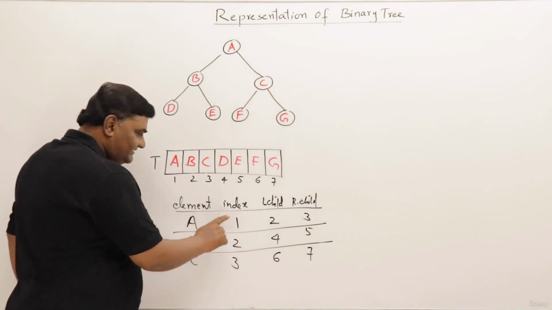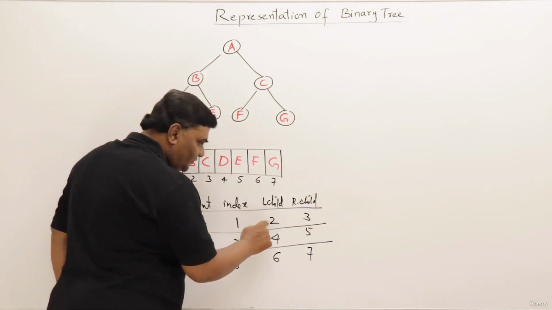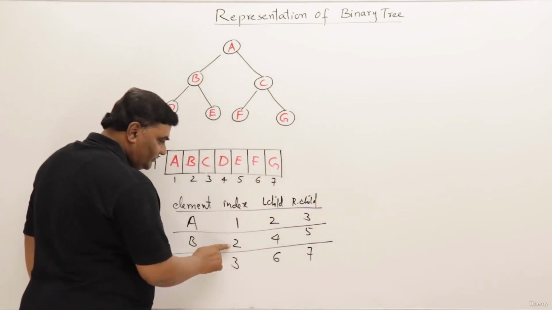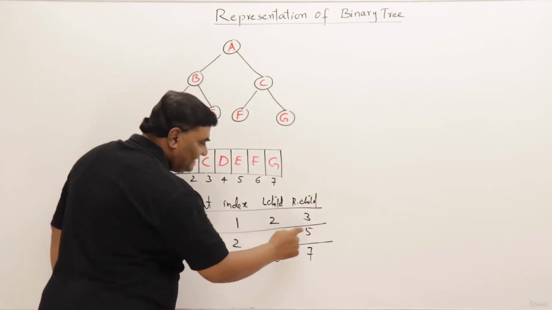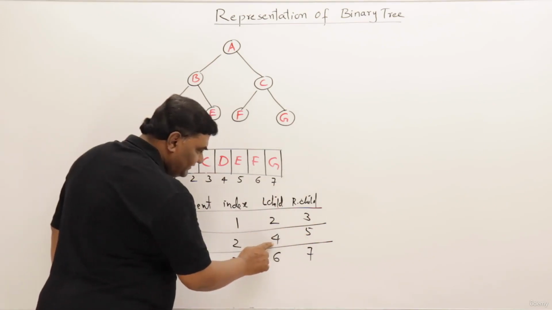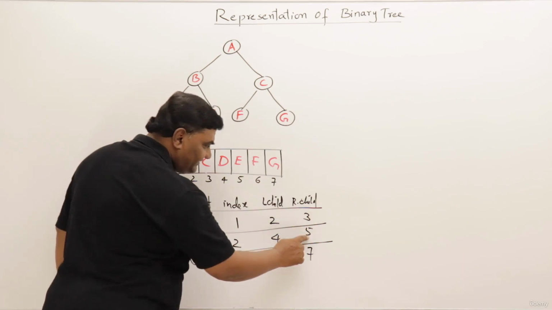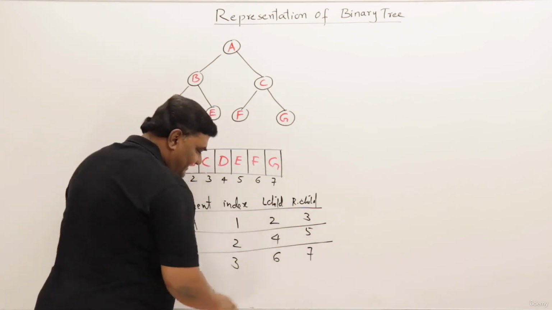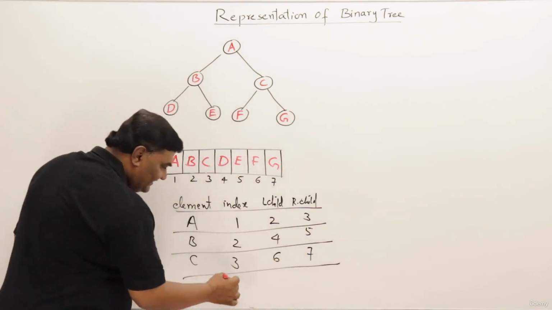See, when an element is at index 1, then its left child is at 2 and right child is at 3. If the element is at index 2, then left child is at 4 and right child at 5. So 2 into 2, right, 4. So 2 into 2 plus 1, 5. 2 into 3, 6. 2 into 3 plus 1, 7. So yes, this is the formula maintained.